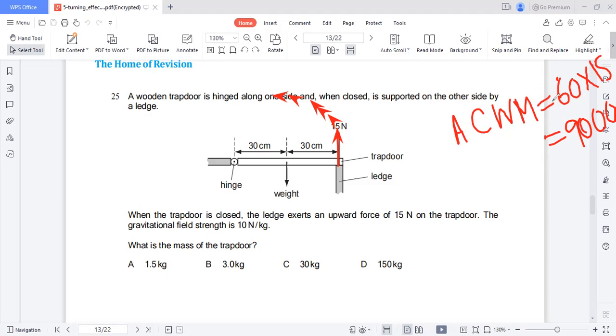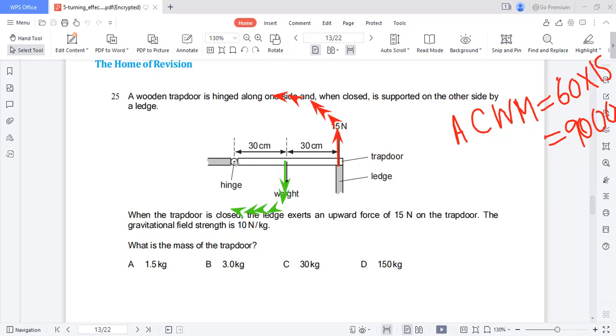And there is another force, the weight, acting from here in the downward direction like this. Oh no, sorry. The pivot is here, so it is going to create a clockwise moment like this.